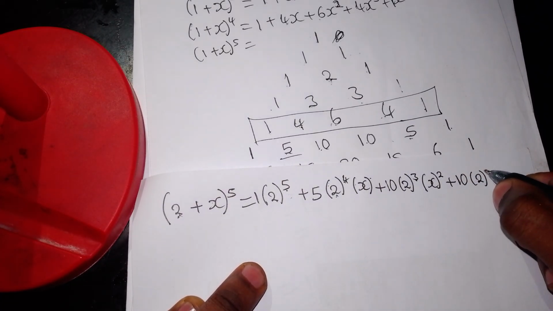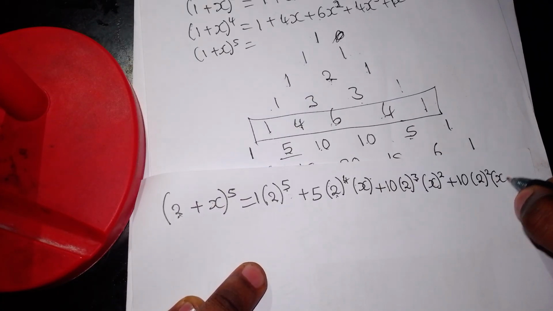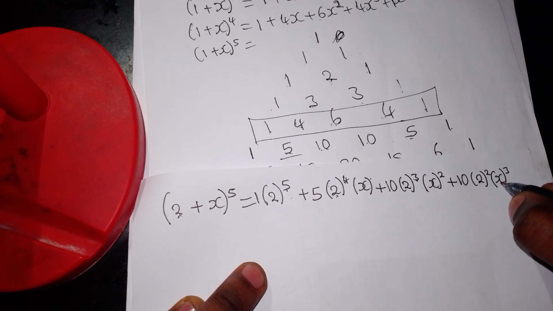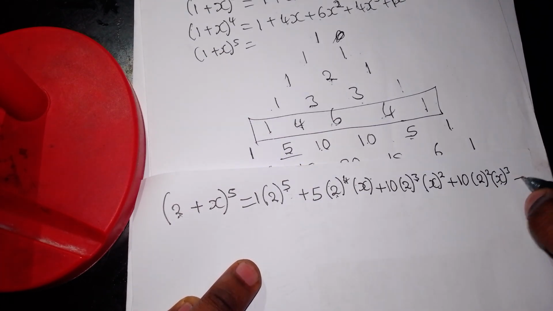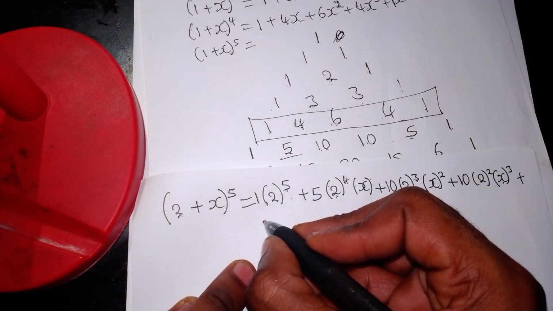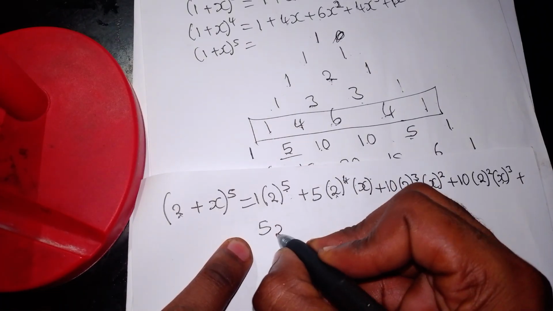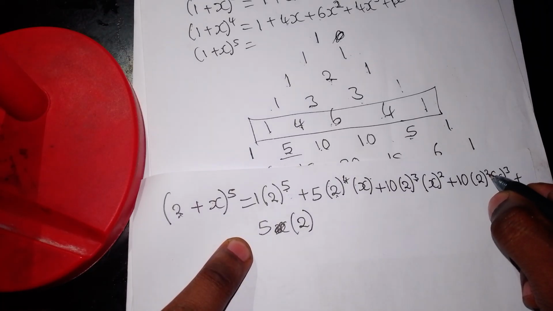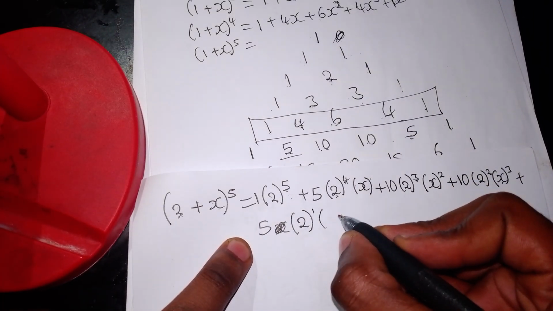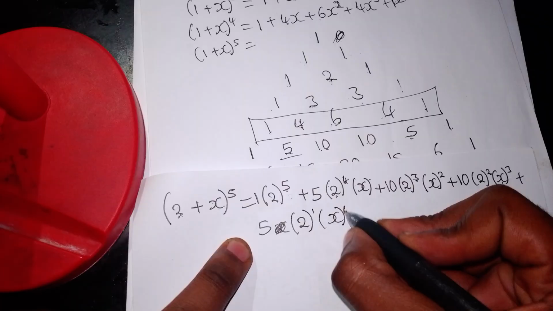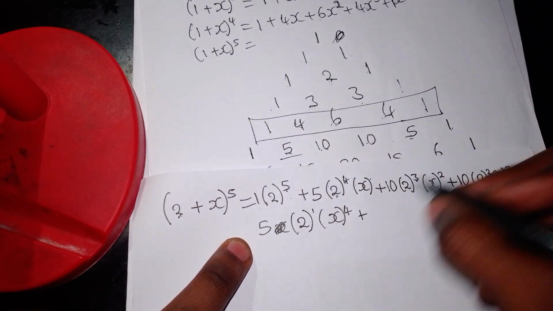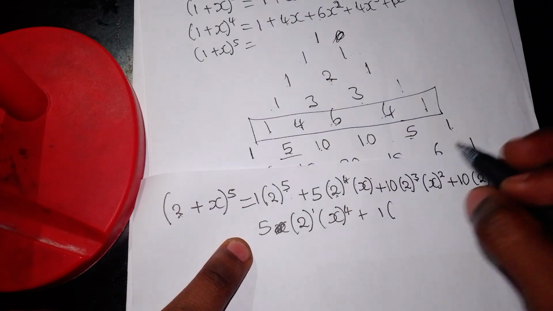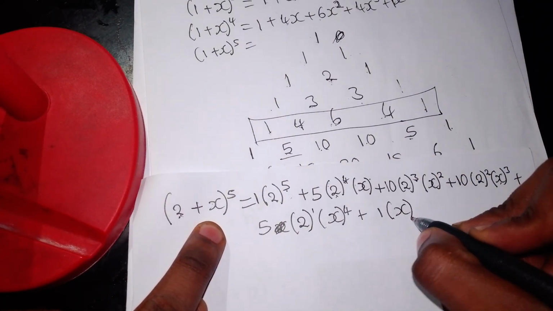You reduce the power by 1, and then you increase the power by 1 for the other term, and then plus after 10 we have the 5. I'll write it here, and then 5, say 2 raised to the power 1, and then x raised to the power 4, plus the last term, which is 1, and then x to the power 5.